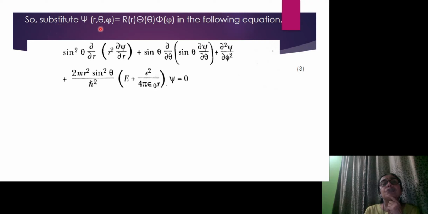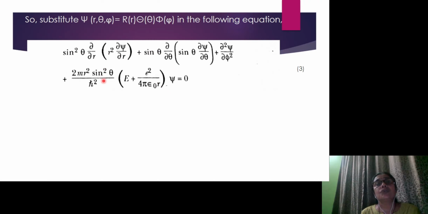So if we substitute psi(r, theta, phi) as a product of three functions, then what do we get? We are substituting this in our previous equation, equation number 3, which we had obtained by multiplying the Schrodinger equation with r square sine square theta.